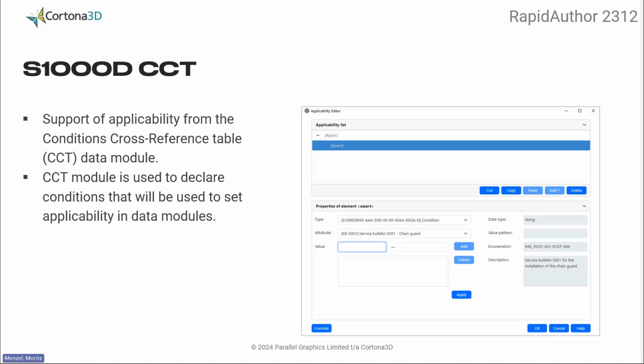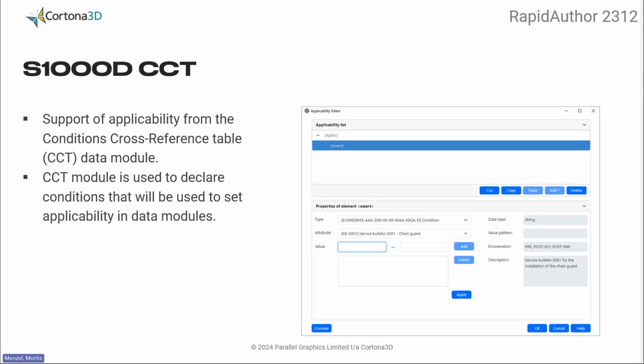The last authoring feature I'd like to mention is an improvement to the S1000D authoring workflow, specifically to the way you use applicability. If you don't work with S1000D yourself, applicability decides if something is applicable to a certain variant. To just describe that on a very high level, say one configuration of a car has a heated windshield, another one doesn't.